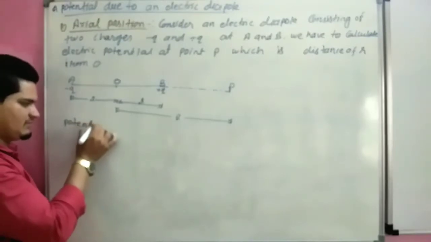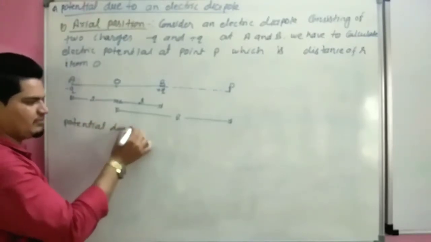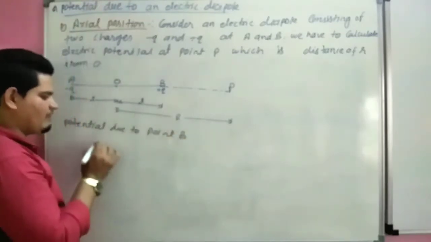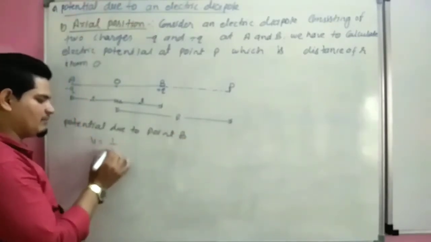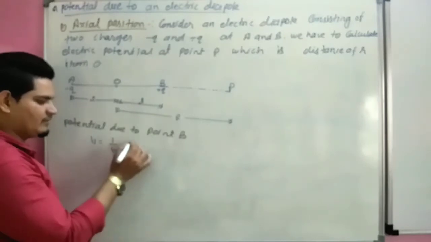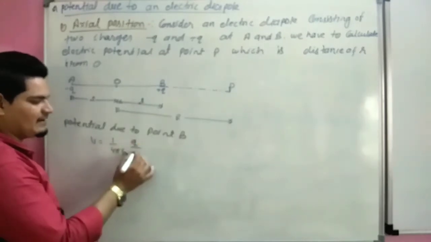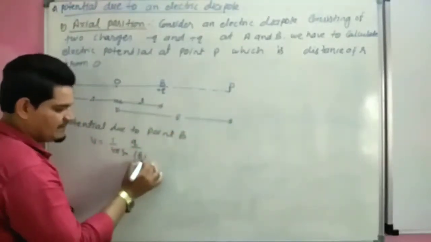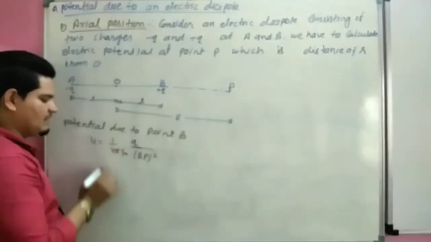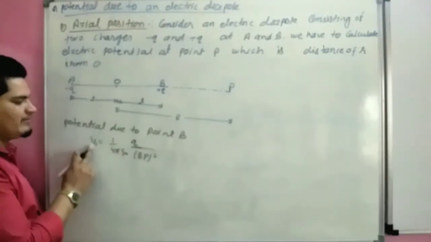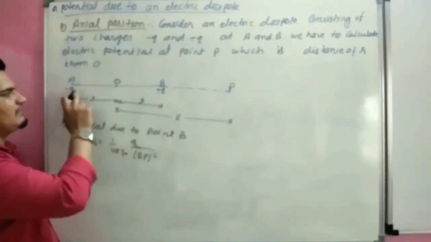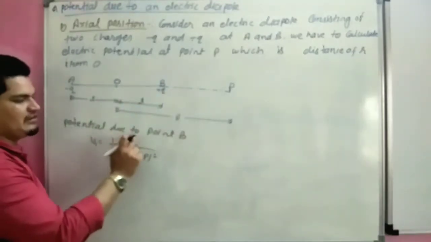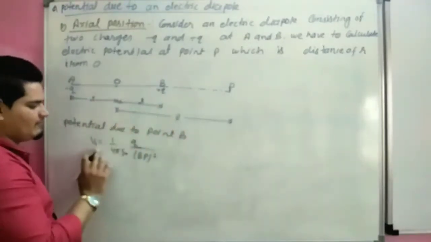Potential due to point B. The formula of potential V is equal to 1 upon 4 pi epsilon naught, Q divided by distance. The distance is BP, so BP whole square. We write V1, because we are calculating the potentials due to point A and point B separately.